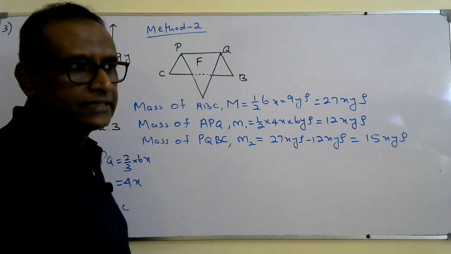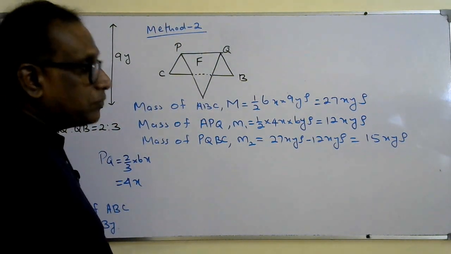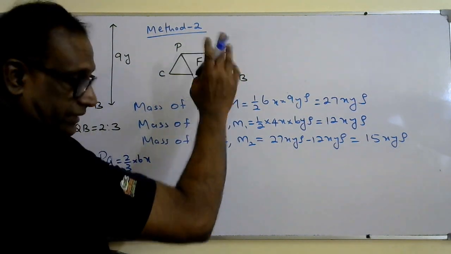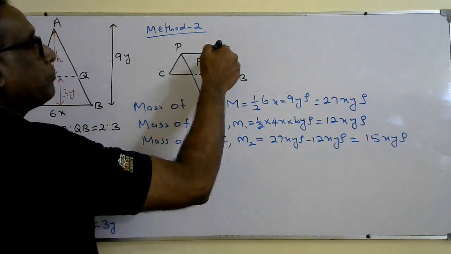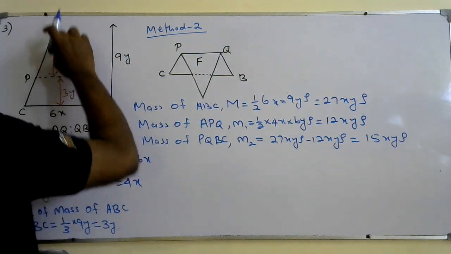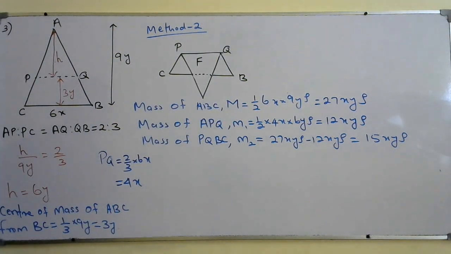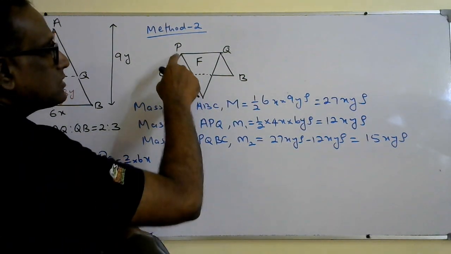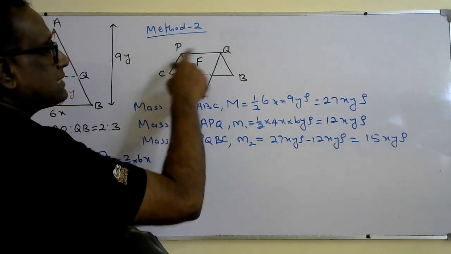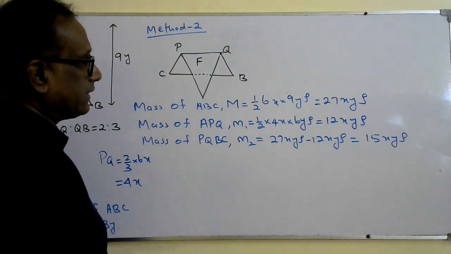Okay, one step more, but nothing wrong. Now we are going to find the center of mass of the trapezium from PQ. So here we are not considering this part upside down. After it's folded like this, how to find it?